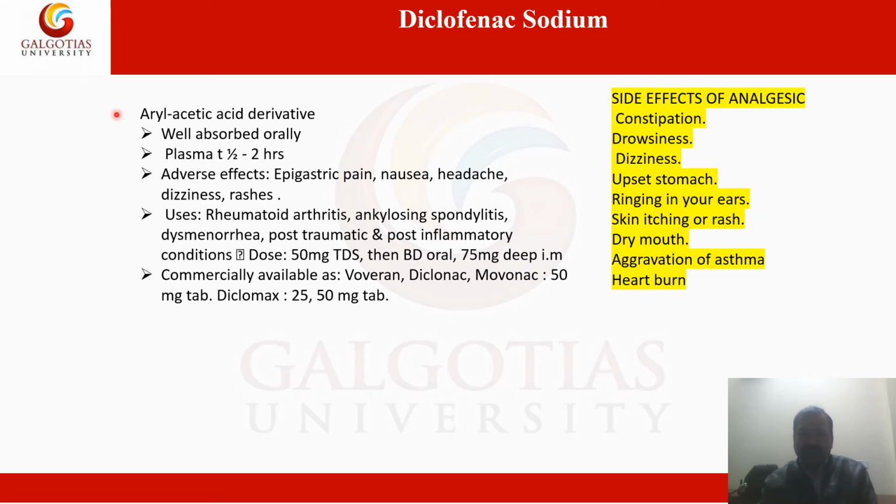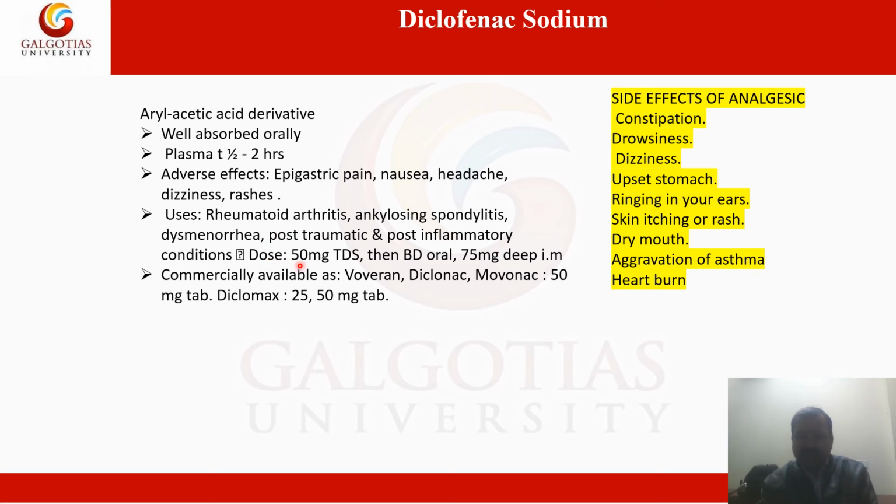Diclofenac sodium is an aryl acetic acid derivative, well absorbed orally. Plasma half-life of this drug is 2 hours. Adverse effects are epigastric pain, nausea, headache, dizziness, and rash. Uses: rheumatoid arthritis, ankylosing spondylitis, dysmenorrhea, post-traumatic and post-inflammatory conditions.